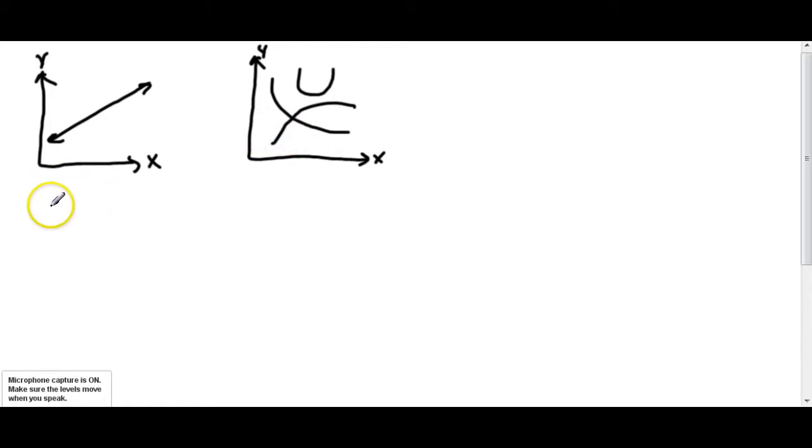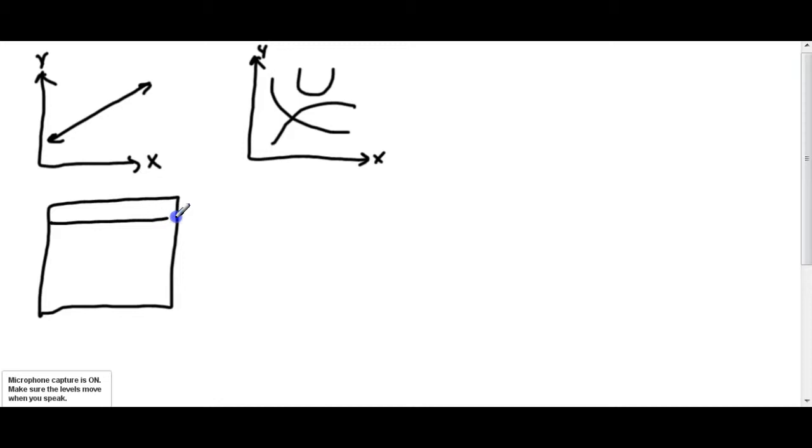Well, we know in a linear relation, if we have a table of values with corresponding data points, we can call this maybe x and y. And let's draw a few columns in here and rows.